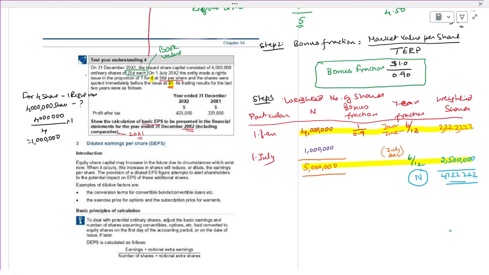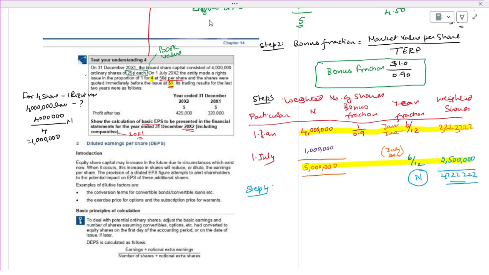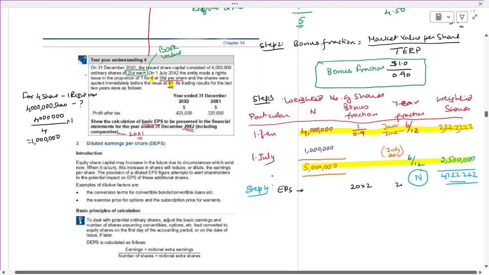Okay? Now, what are they asking, what is step 4? Step 4 is calculate the EPS. They are asking for 2002 and 2001.